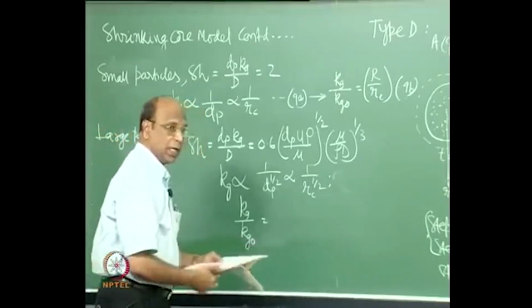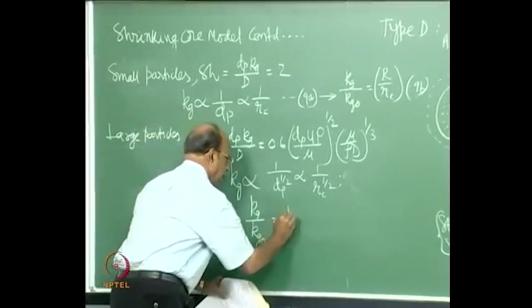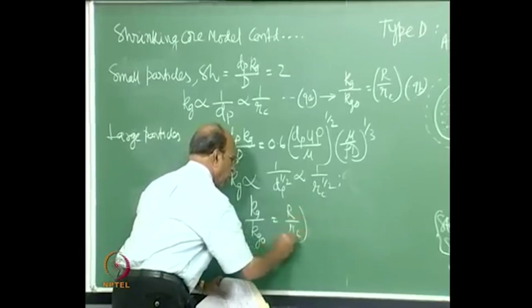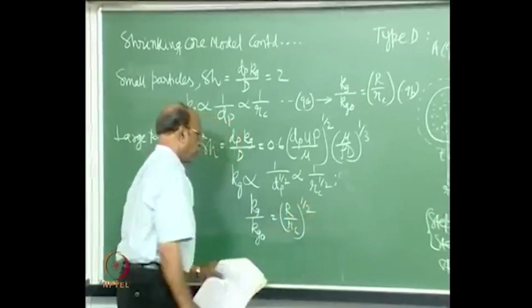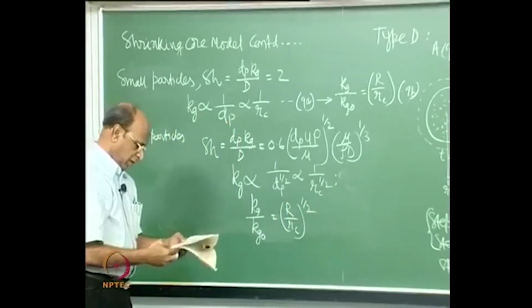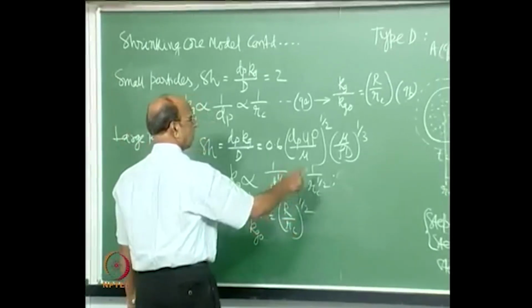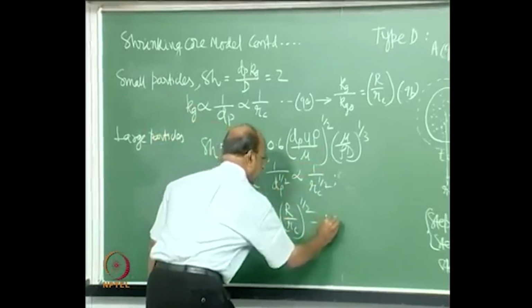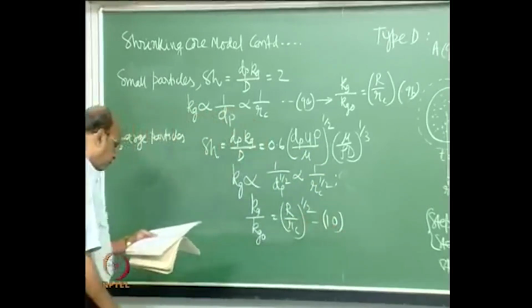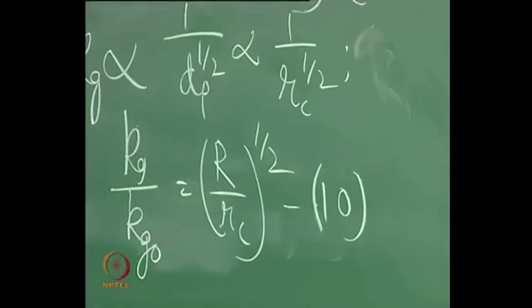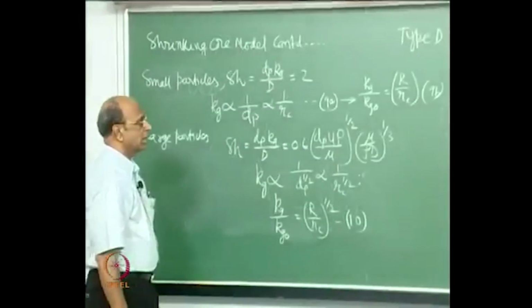Can someone tell? Capital R by rc to the power of half. Okay. So, in general what I can write, this may be 9, this I will say 10.